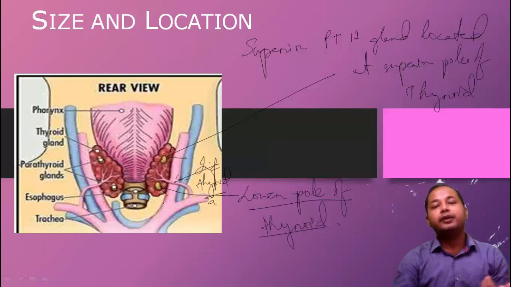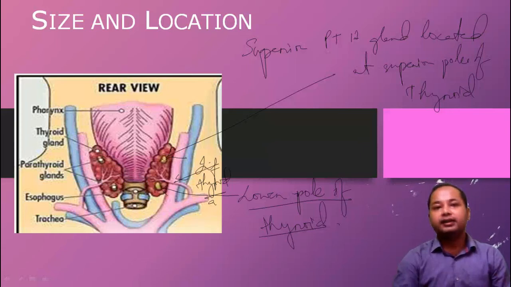The superior parathyroid, which is derived from the fourth pharyngeal pouch, is in the superior part of the posterior border of the thyroid, and in the inferior lower pole, the inferior parathyroid may be located.